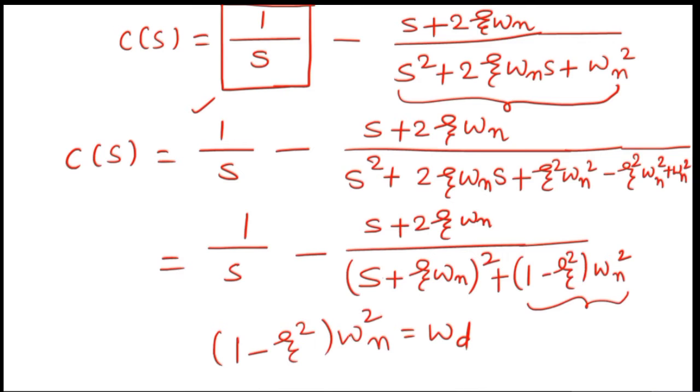So 1 minus zeta square into omega n square is equal to omega d square.